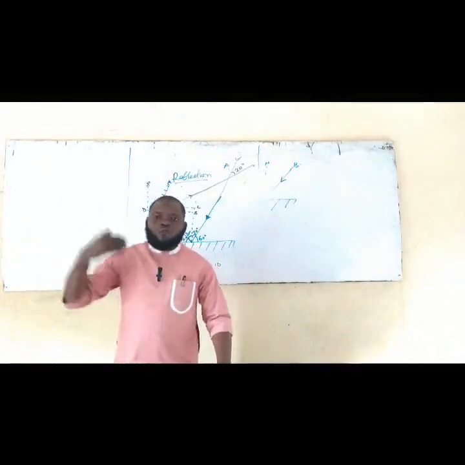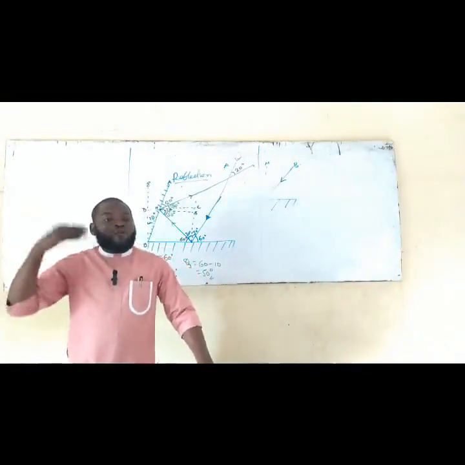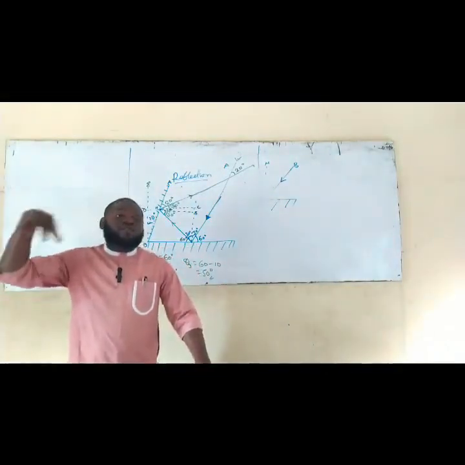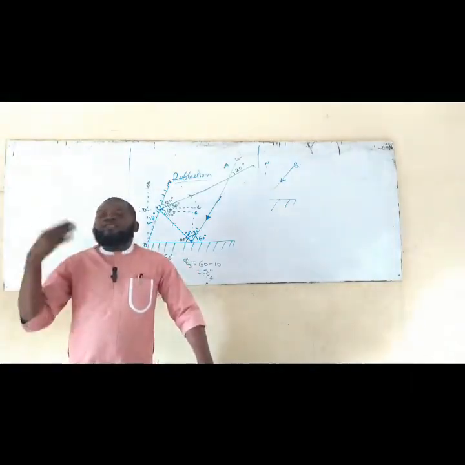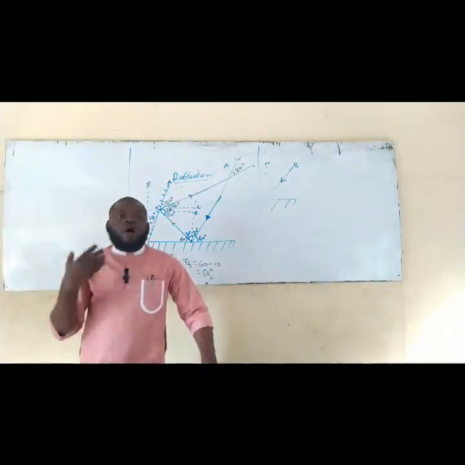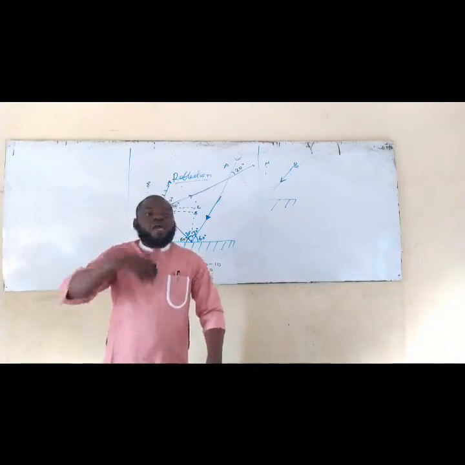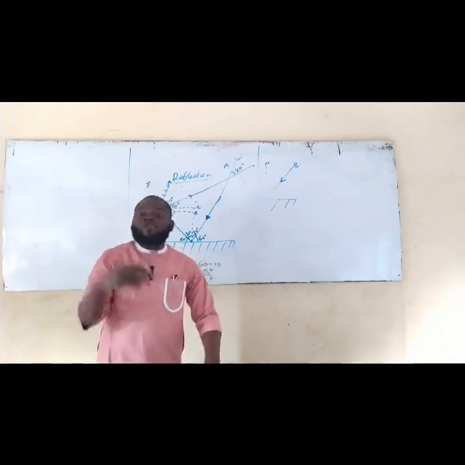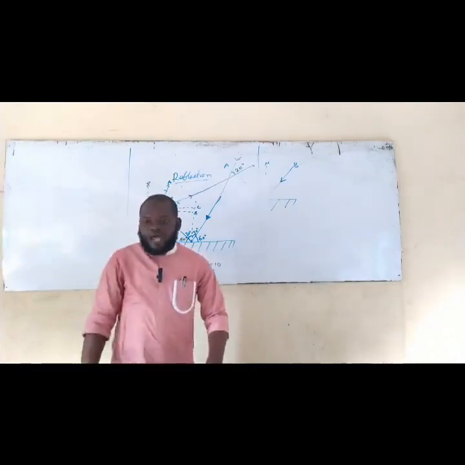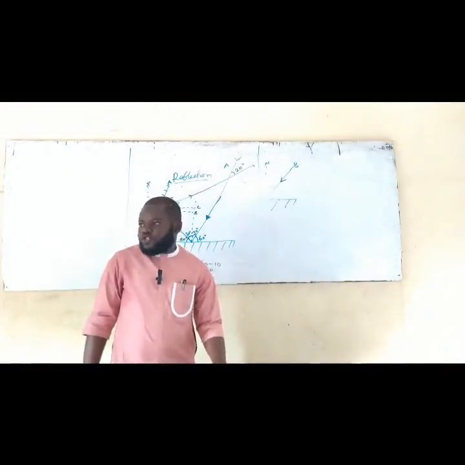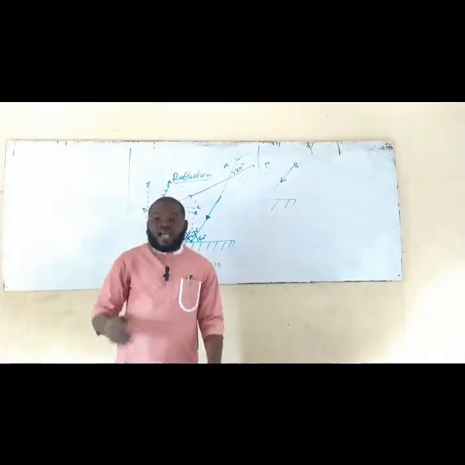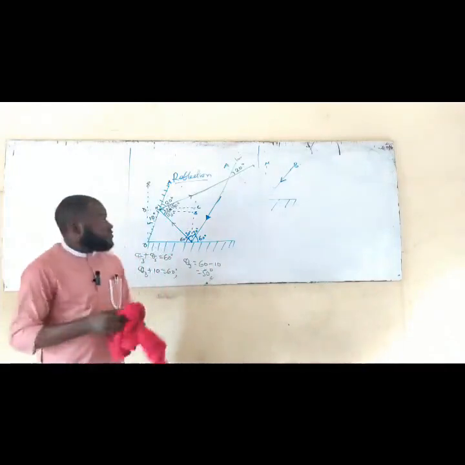Whenever a wave moves from one medium to another, some of its characteristics will change. The characteristics that will change depend on the angle at which the wave enters into another medium. Are we together? So you need to consider the angle at which it does. So let's look into that.